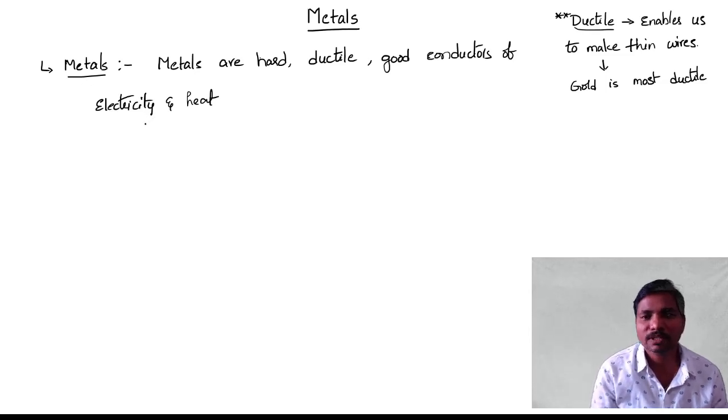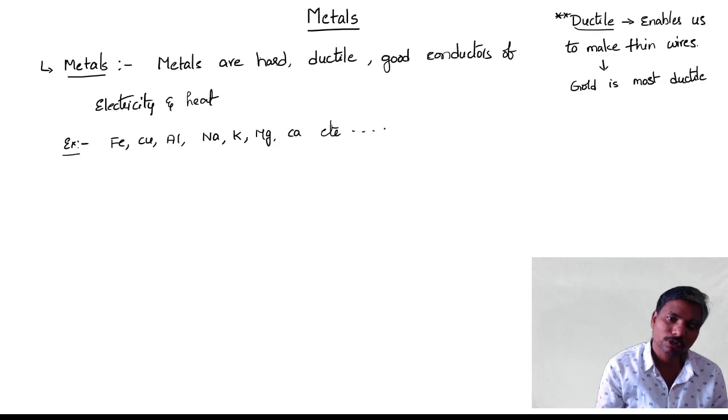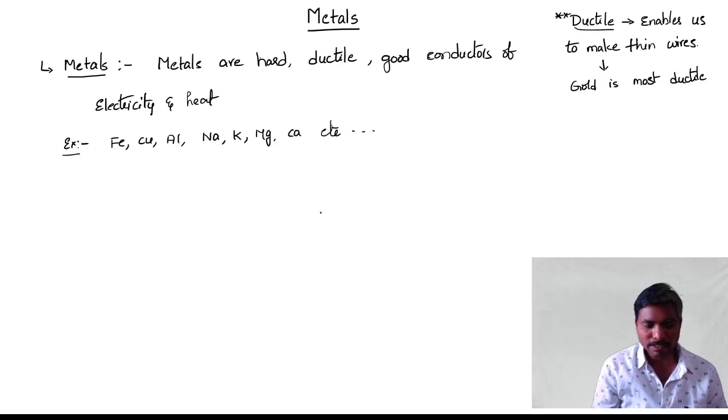Because metals have free electrons, that's why they allow electricity through them. Very important point also. Examples: iron, copper, aluminium, group 1A elements like sodium, potassium, magnesium, calcium, rubidium, all those are considered as metals.